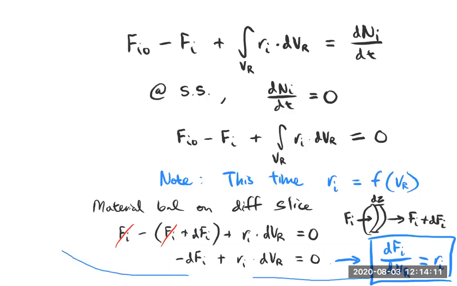If we were to write dVr equals dFi over Ri, that is equation 3-26 in your textbook. And that concludes our use of the generalized balance equation for all the reactor types that you'll encounter in this course.